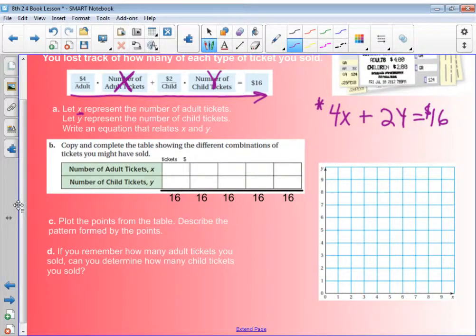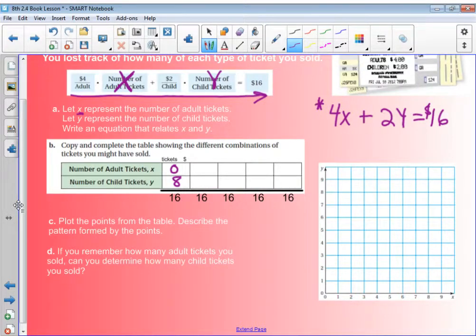So we're just going to actually fill in our table with the different types of combinations of tickets that we might sell. So the number of adult tickets, maybe we sell 0 adult tickets. Okay, well then if we sell 0 adult tickets and we actually sold $16 worth of tickets, if we take 16 divided by 2, that would give us 8 child tickets that we could have sold to equal that $16.